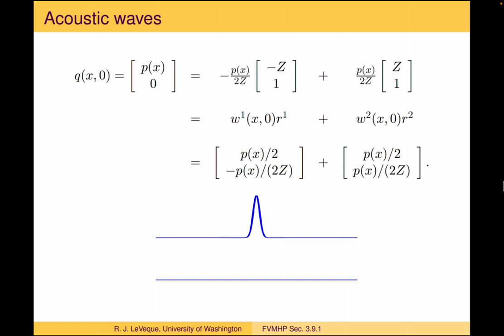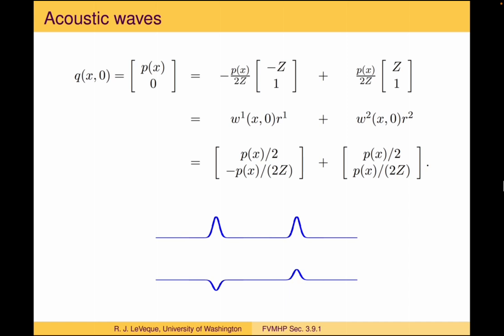So you can think of this initial data as a linear combination of two waves, one of which has a pressure variation that, well, when you multiply by z here, is just p of x over 2, and the other one also has variation p of x over 2, but the two have different velocities, minus p of x over 2z and plus p of x over 2z. And as those propagate outwards, what you see is that they separate, and you can more clearly see the two eigenvectors.